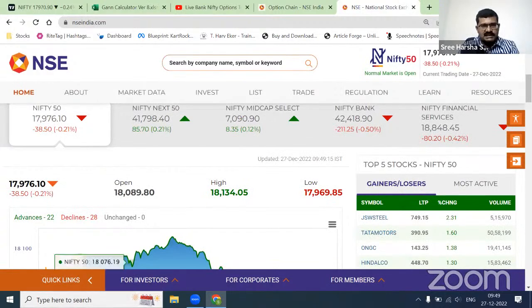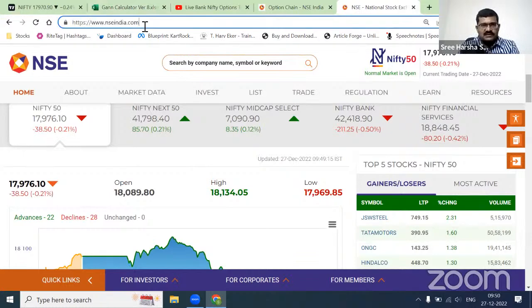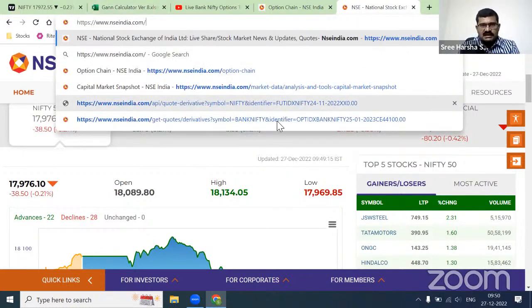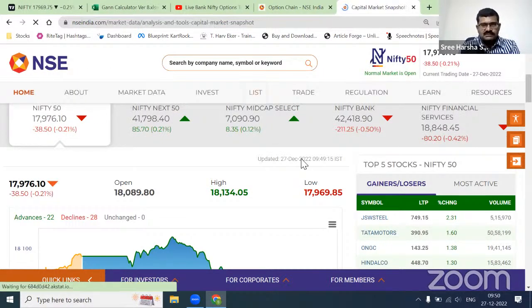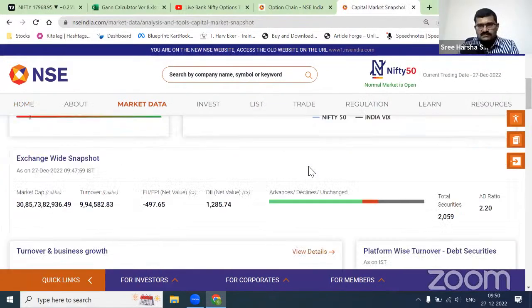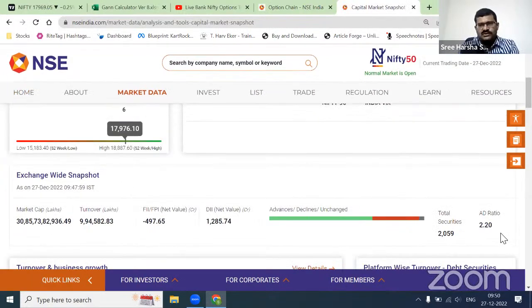Okay, so the advance-declines are not like what they were yesterday. It is actually completely on the other side. Huge fall. It was some 12, and from there it has come to 2.